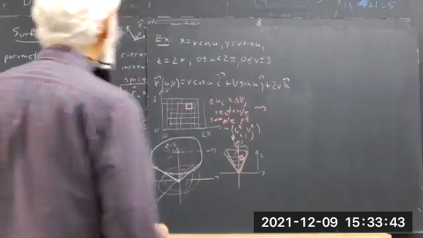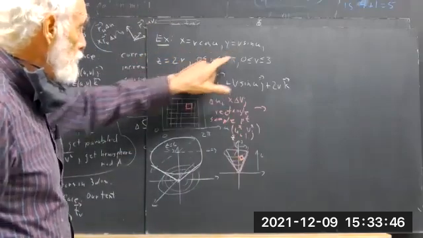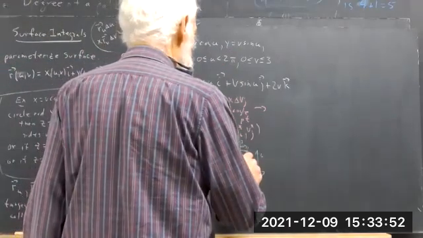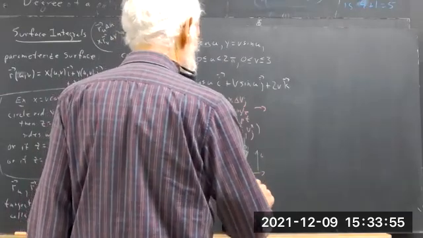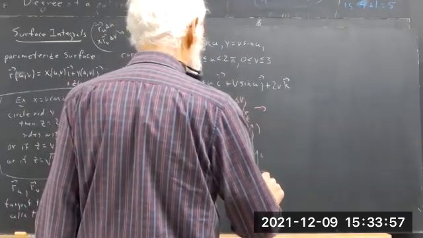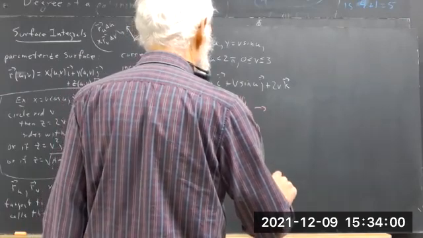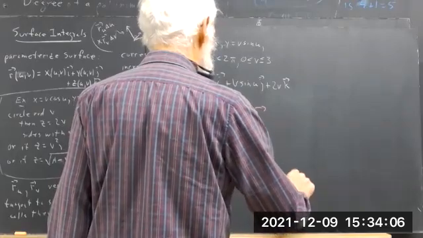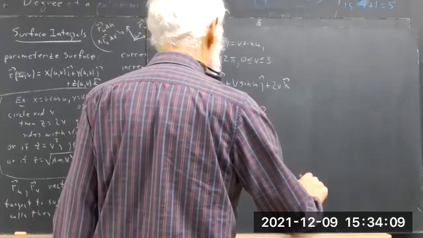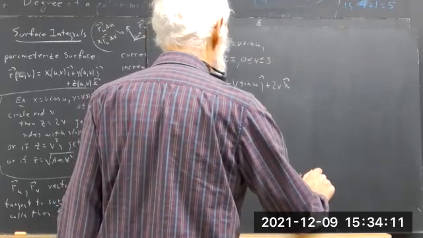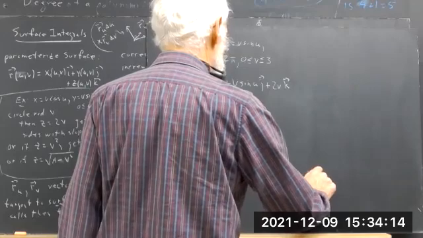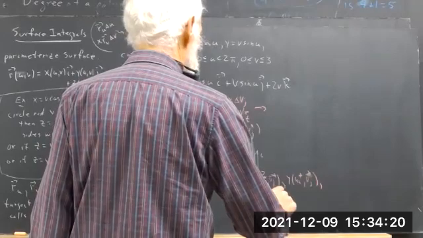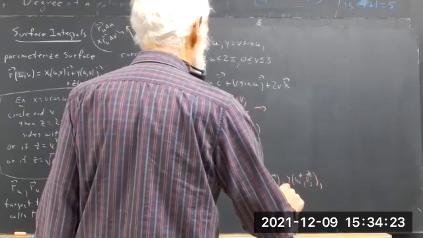So remember, there's our X of UV, our Y of UV, our Z of UV. So we're going to have a point here, which is going to be X of Ui star, Vj star, Y of Ui star, Vj star, Z of Ui star, Vj star.